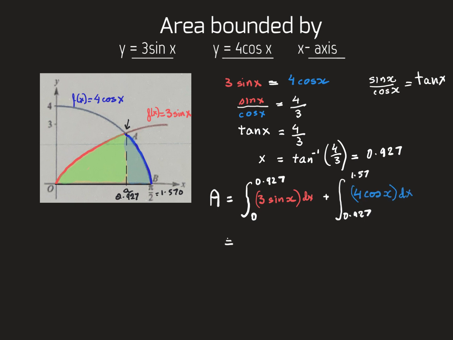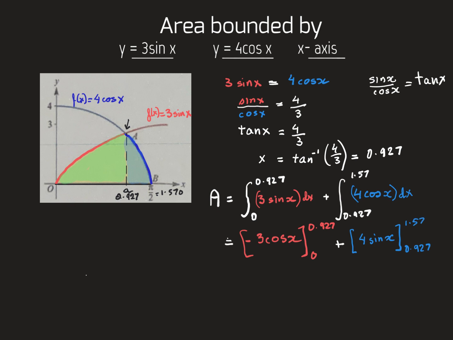And so we integrate this. Sine becomes minus 3 cos x, and we take it from 0 to 0.927, and 4 cos x becomes 4 sine x, again from 0.927 to 1.57.